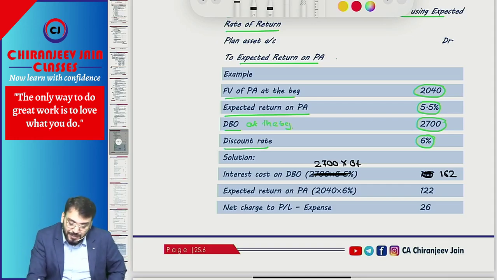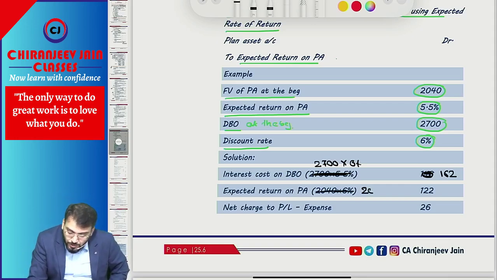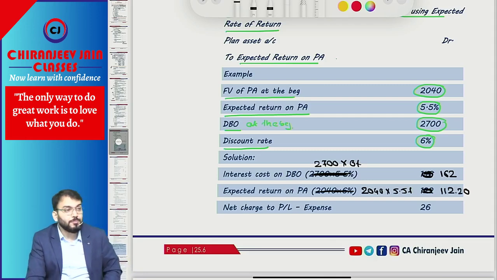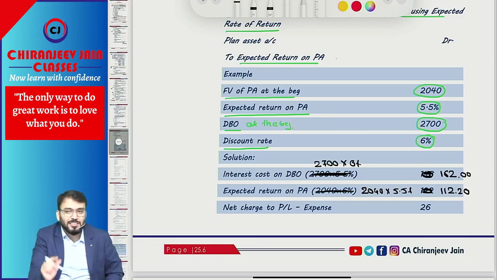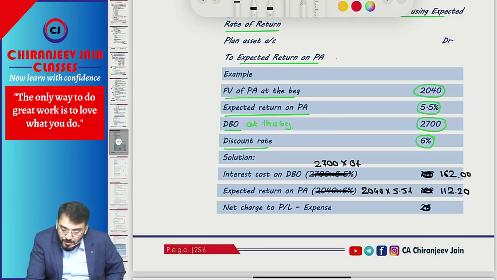And what is your expected return? This will be 2040 into 5.5%. How much? 112.20. Understood. Means if somebody asks you what is the net charge to P&L, the net charge will be the difference only.